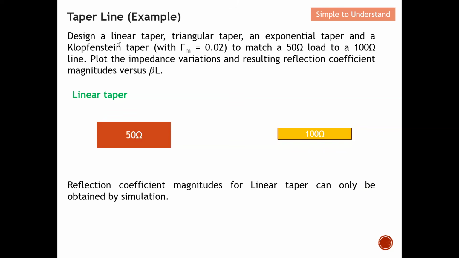Let's come to the first one, which is the linear taper. In short, for the linear taper, there's no equation. How you design the linear taper is you just draw a line from the lower impedance to the higher impedance, and also another line from the lower impedance to the higher impedance.